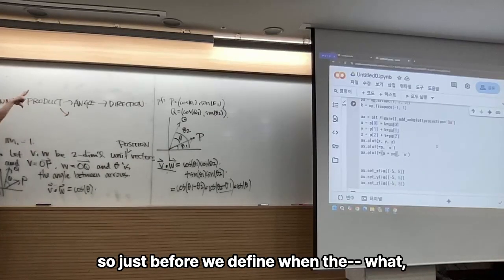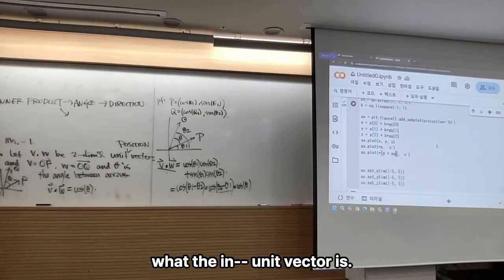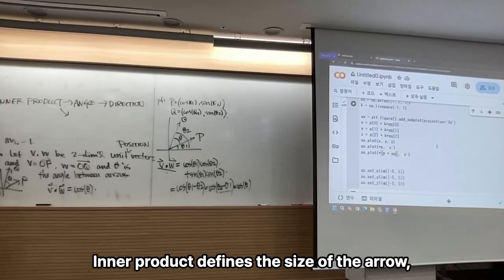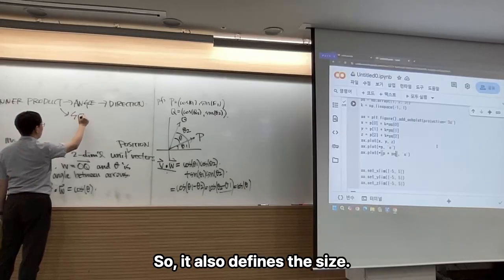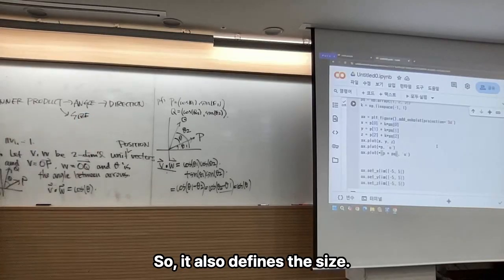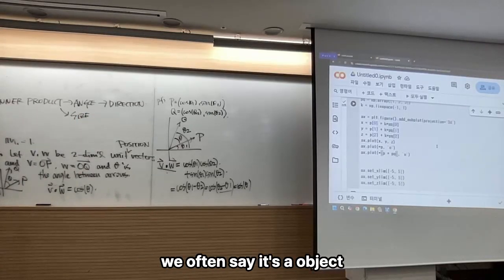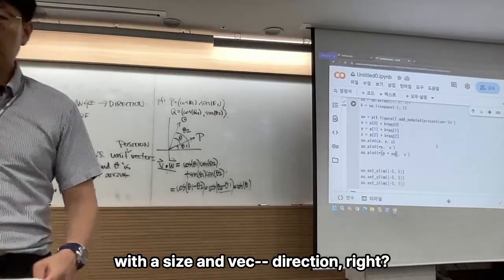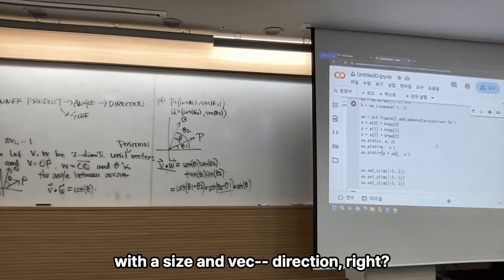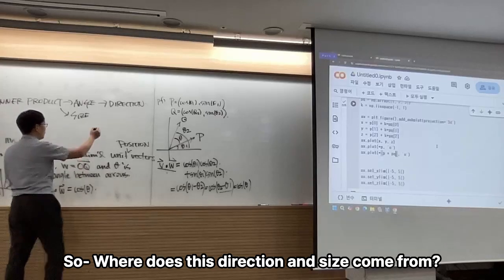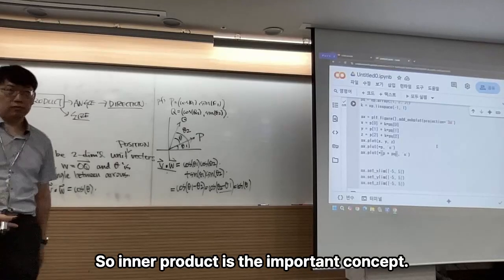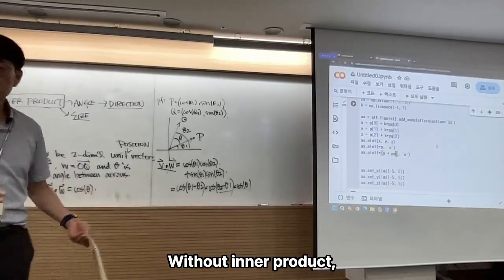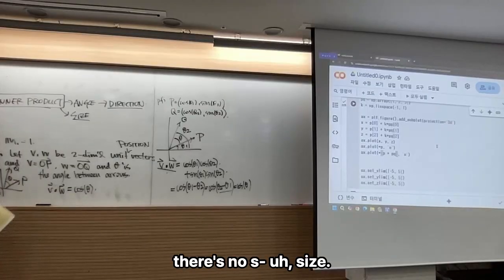Just before we defined the unit vector, the inner product defines the size of the arrow, the size of the vector, the norm of the vector. So it also defines the size. Whenever you say vector, we often say it's an object with size and direction, right? So where do this direction and size come from? They come from the inner product. So the inner product is the important concept. Without the inner product, there's no direction, there's no size.